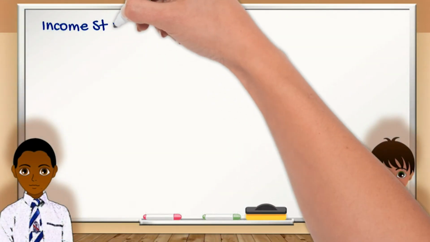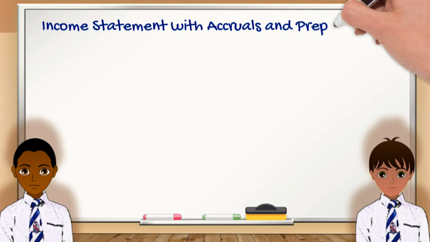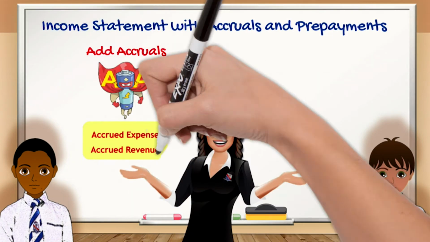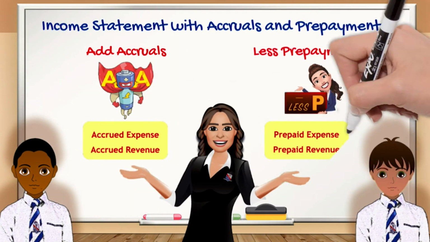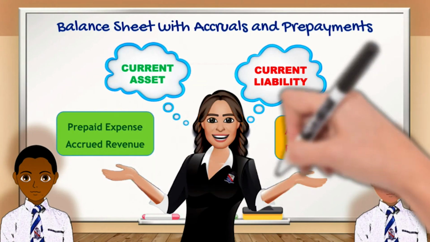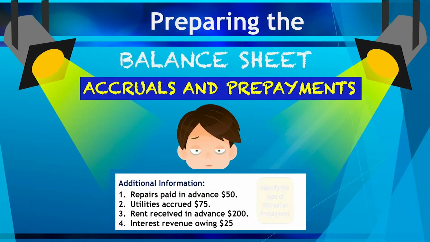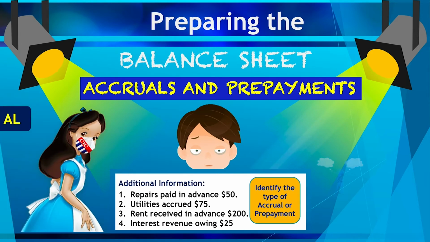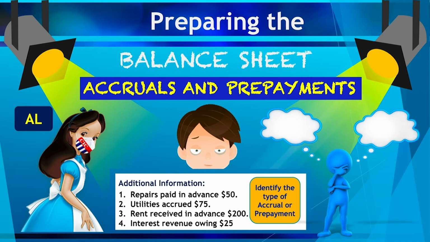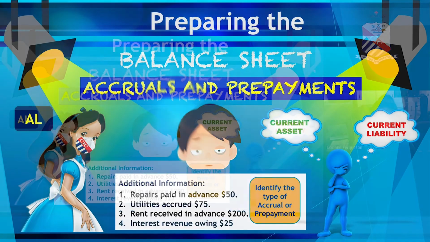But in this case, where in the income statement you had to add the accruals and less the prepayments, for your balance sheet, what you have to do is just identify which type of accrual or prepayment it is, and then identify whether it's a current asset or a current liability.